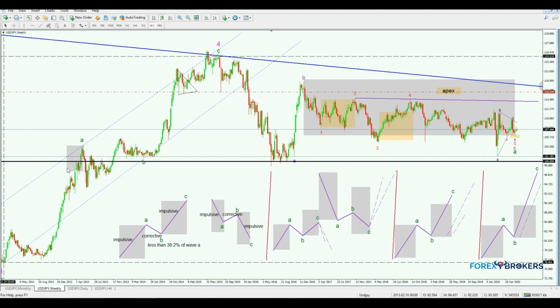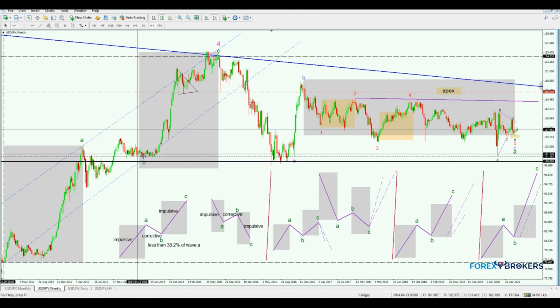If this is the time that it took for wave A to form, respecting the rules and everything that we've discussed so far on zigzags, we project this time from the moment that this one ended, and now we find the end of the B wave. We cannot say that the B wave ended here, because in that case the time element would make no sense, and most likely the B wave ended somewhere around here.